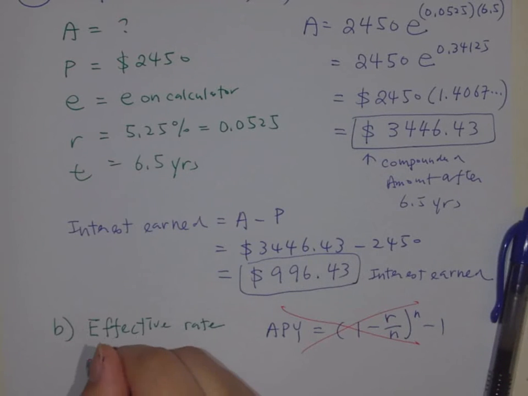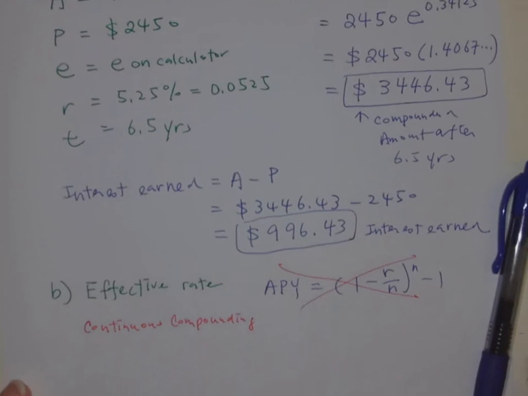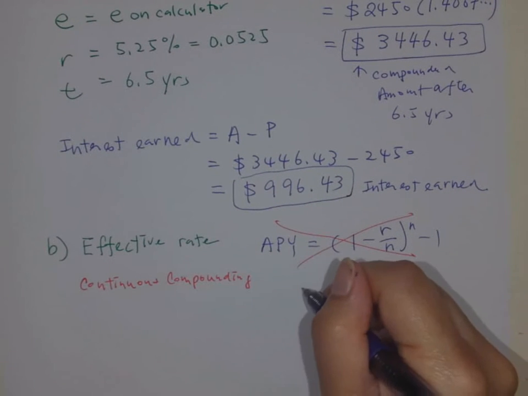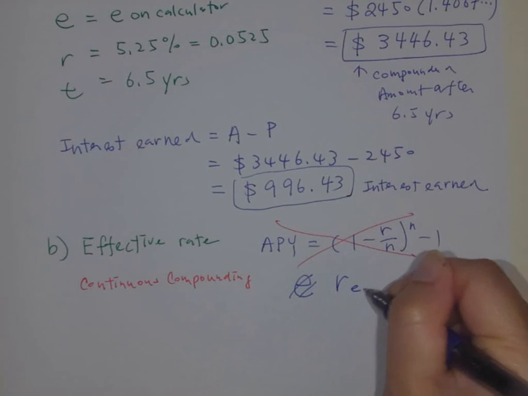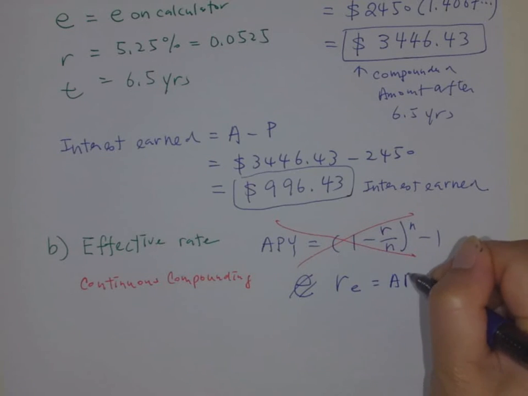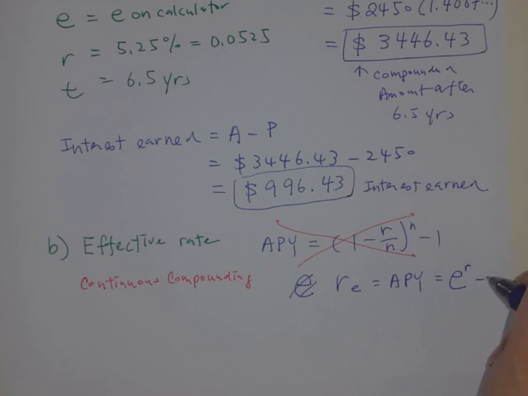So for continuous compounding, the APY formula, the effective rate, most people call it APY, is going to be e raised to r minus 1.